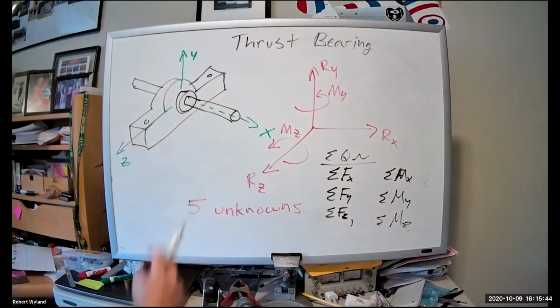So if we see a thrust bearing, we've already used up 5 unknowns. It means that whatever connection we have beyond that had better only have 1 unknown, or we're not going to be able to solve it.